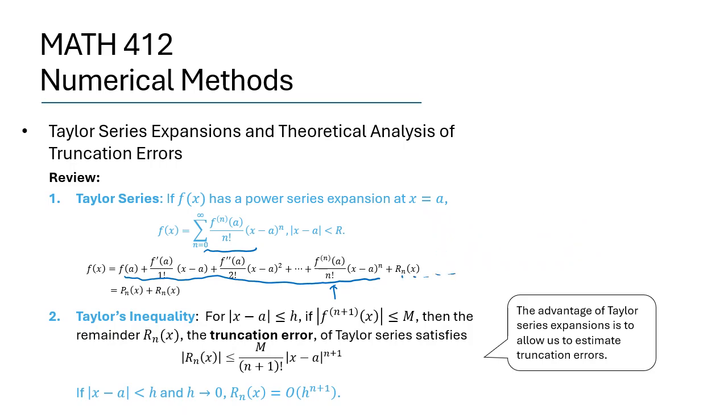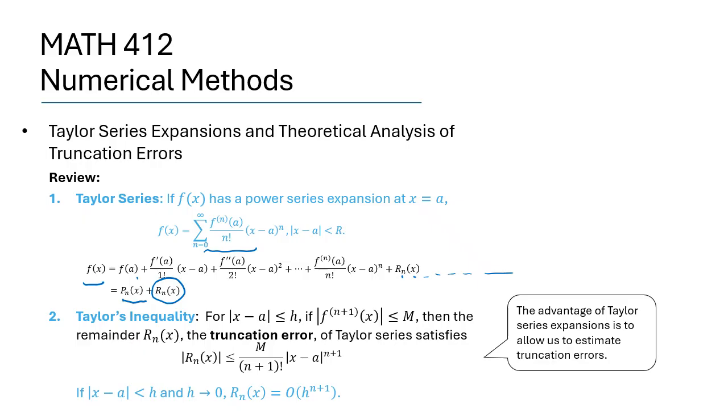We use R sub n of x to denote the remainder of this series. When we denote this part as P sub n of x, it's the Taylor polynomial of degree n. Now when we use P sub n to approximate f of x, this is the remainder.